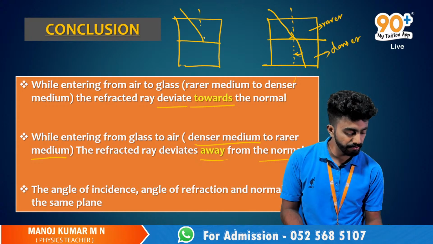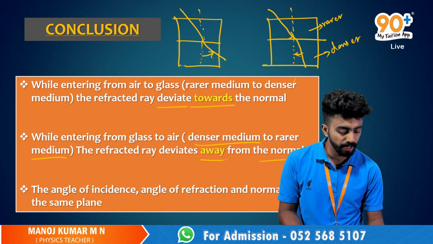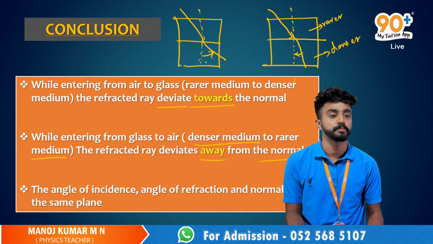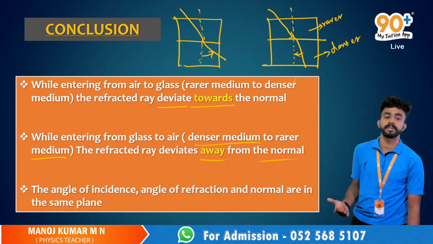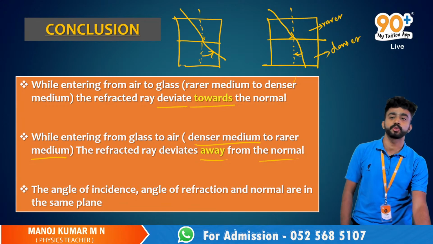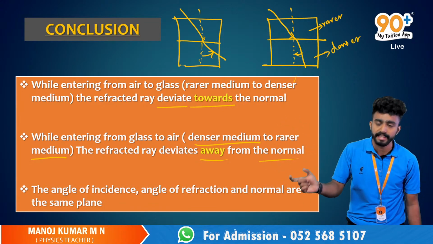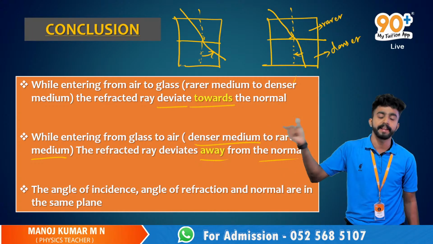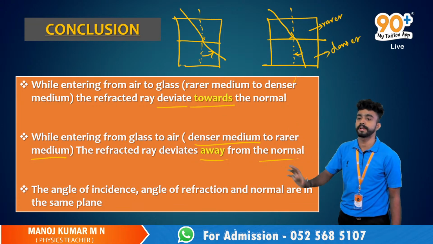So the refracted ray will be like, bro, I'm going according to my wish. I'll bend according to my wish. Don't ask me to bend towards the normal. I'll bend away from the normal if the incident ray is from denser to rarer, that is from glass to air. That is an example. You can consider any other example. You can consider diamond and air, or diamond and water. Any denser medium to rarer medium.